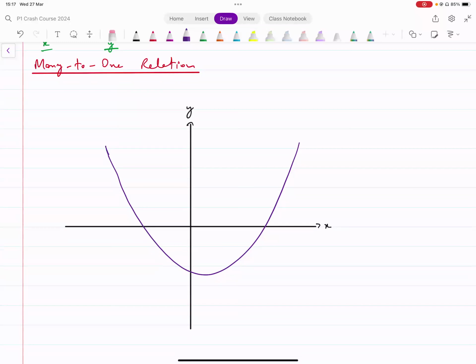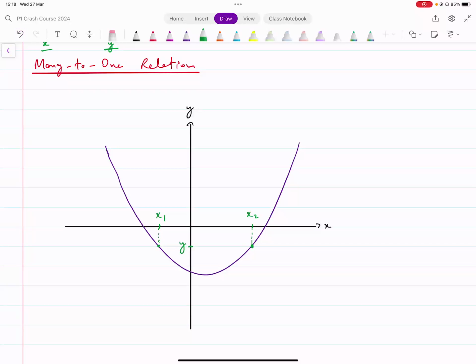Now, this is not a one-to-one relation. This is a many-to-one relation. Why? Because we can have multiple values of x that can give us the same value of y. For instance, if I have this x here, let's call this x1, and I have this x here, let's call this x2, at both of these x values, the y value is the same.